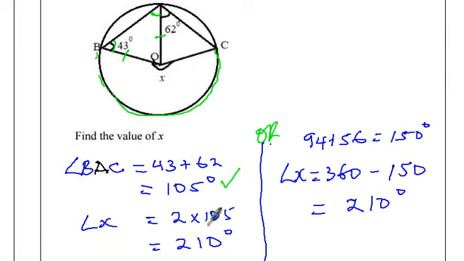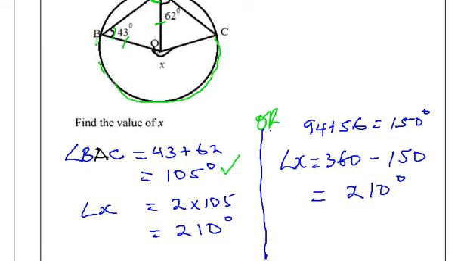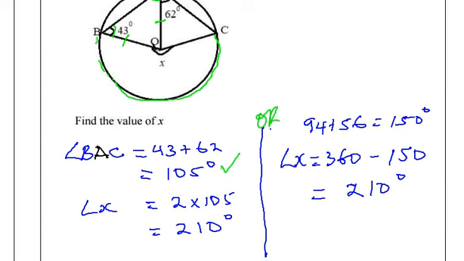So I make good use of that to find the reflex angle x. That's why I am multiplying 2 by 105 degrees to get my final answer as 210 degrees. That is method 1.